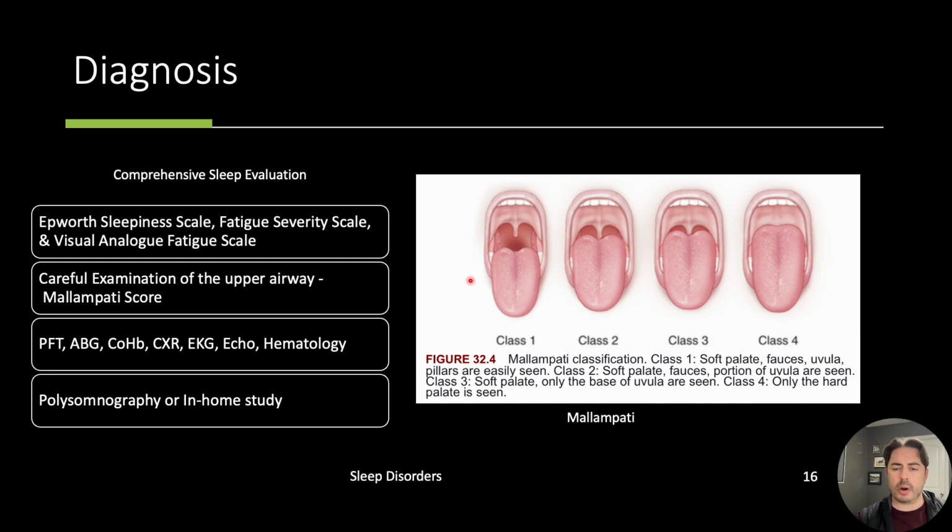When we talk more about PFTs, we'll get into more of the specifics, but just know that you're going to have changes with your PFTs, especially if these patients have obstructive sleep apnea and it's untreated. With ABGs, you may get a movement into a COPD blood gas where they live with chronic hypoxemia and chronic hypercarbia. So that we would see.